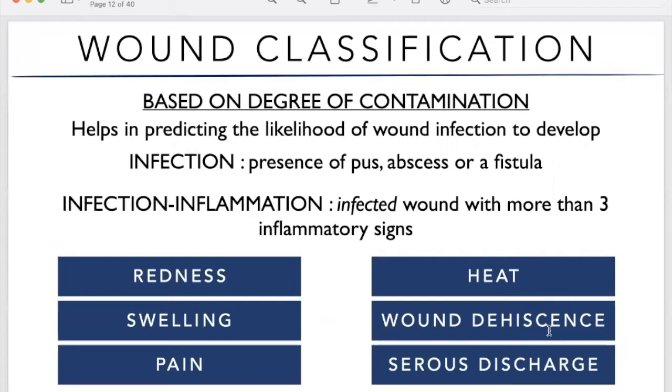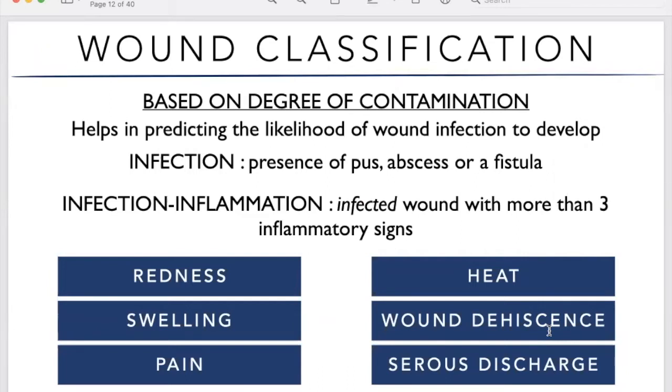And in pathology, we'll discuss infection, inflammation. There's just a different approach in surgery, right? Infection is usually clinically, you'll see the presence of pus, presence of abscess, or a fistula, right? With inflammation, this is an infected wound with more than 3 inflammatory signs. Ano ba yung mga inflammatory signs natin?